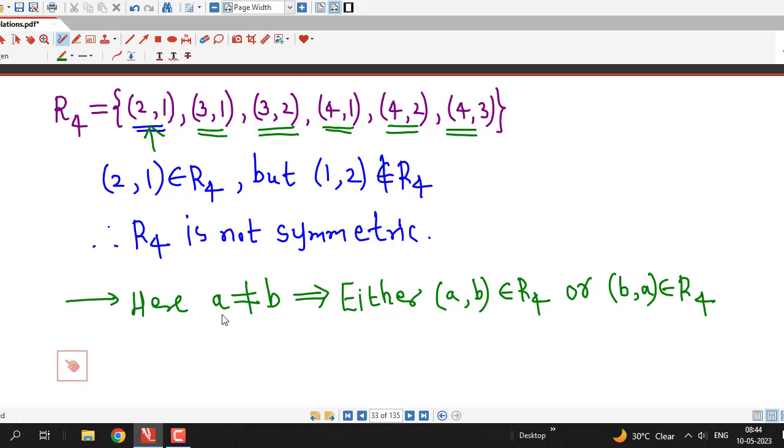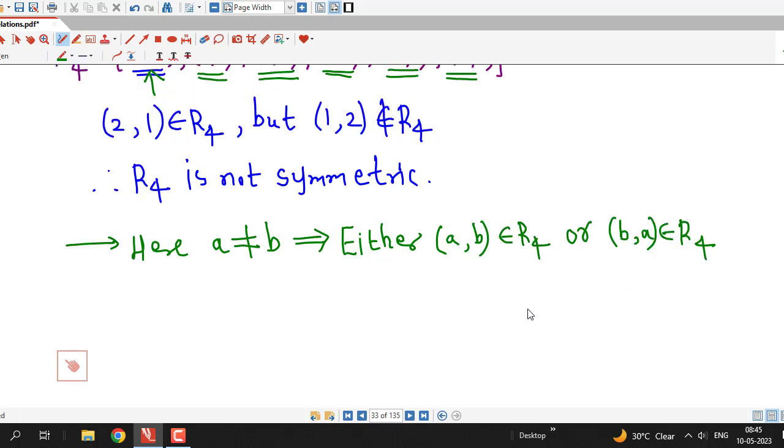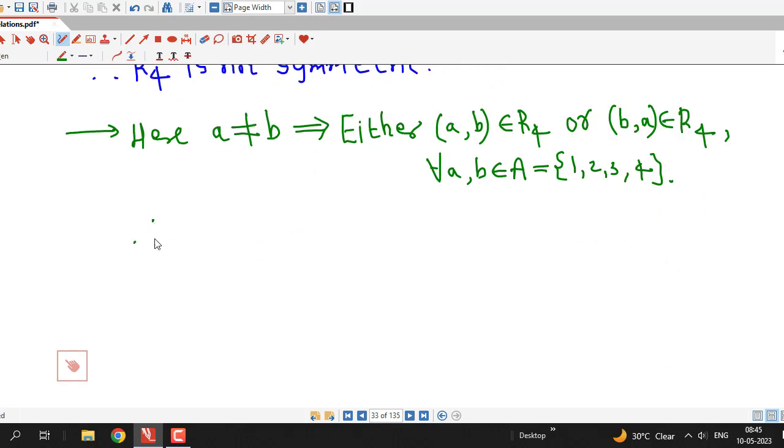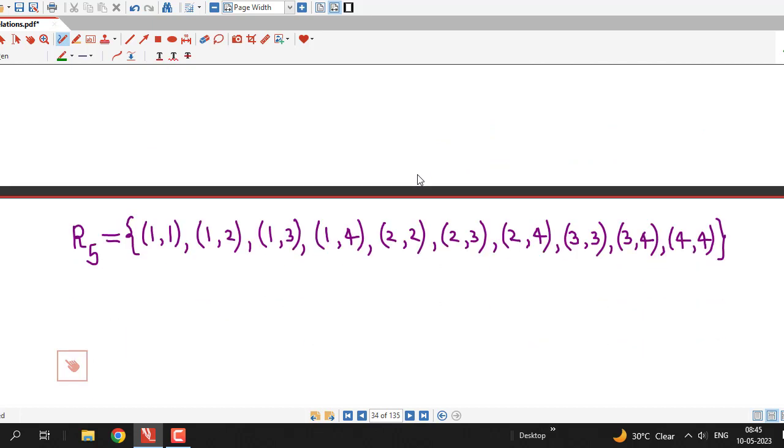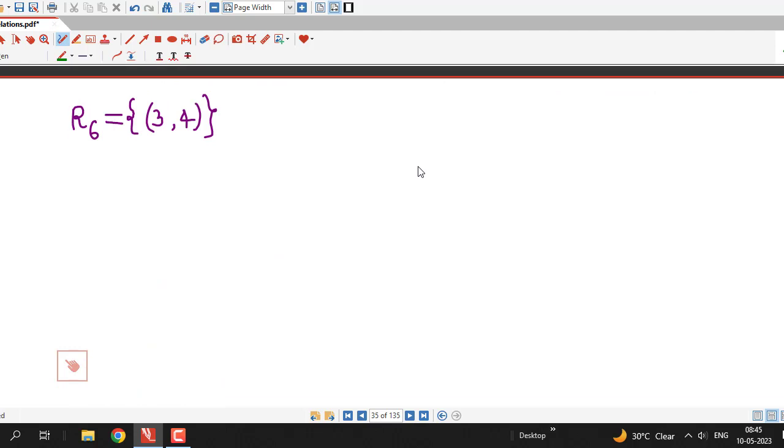That is, we have different elements A and B, then these two both are not present in R4, and therefore for all A, B belonging to the given set A, which is {1, 2, 3, 4}, R4 is antisymmetric. So in this way we can check for relation R5 also.